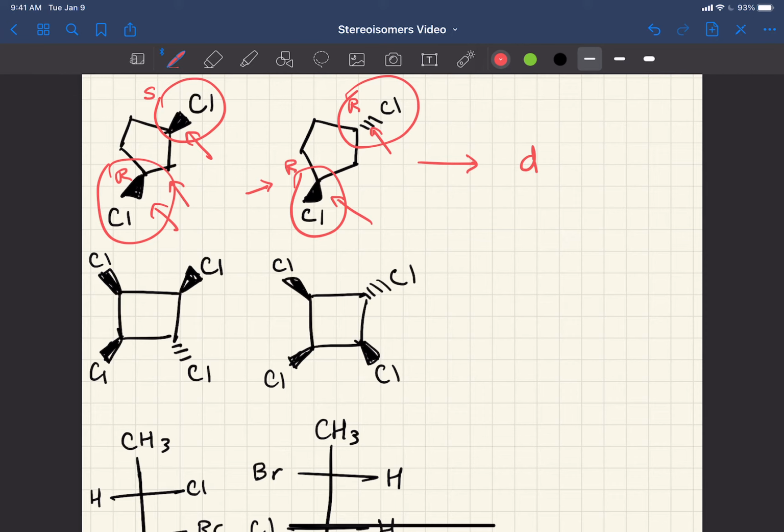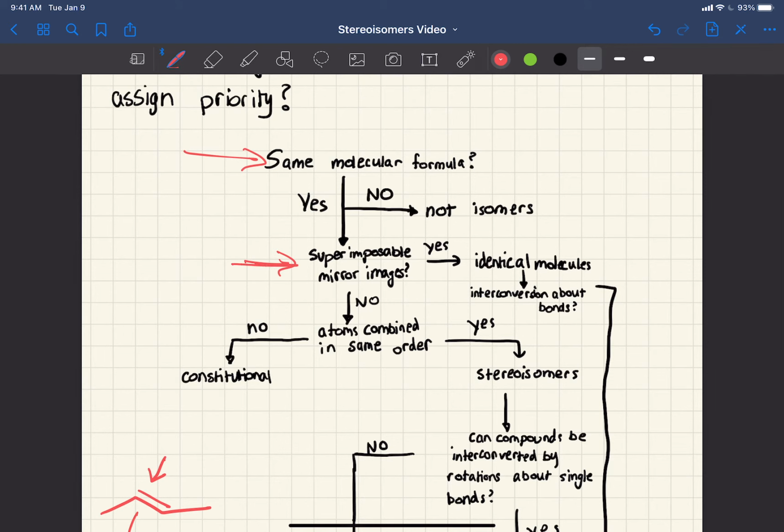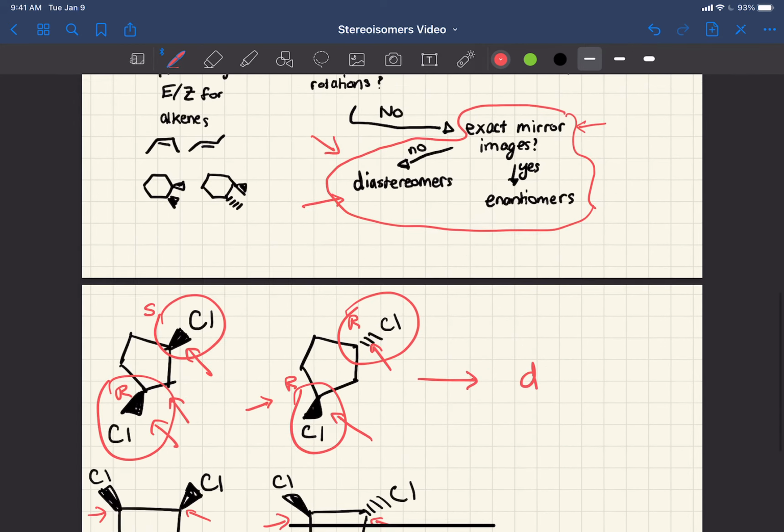So this is a tricky one actually, because when you first see this, it's sort of similar where you have two that are the exact same on both the molecules, but then these two seem different, right? So you're like, oh, not all the wedges switch to dashes, not all the dashes switch to wedges, so it must be diastereomers. But we look back at what the number one thing to check is, and that is if they might be identical molecules.